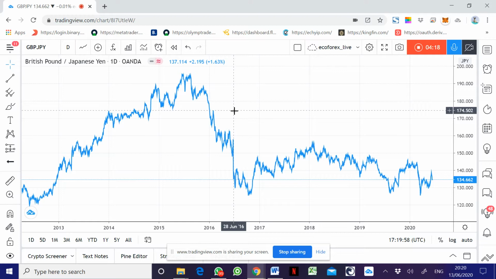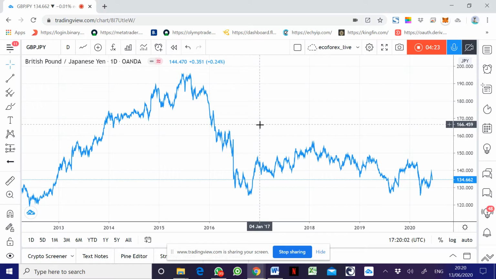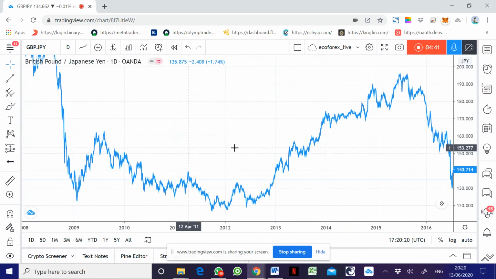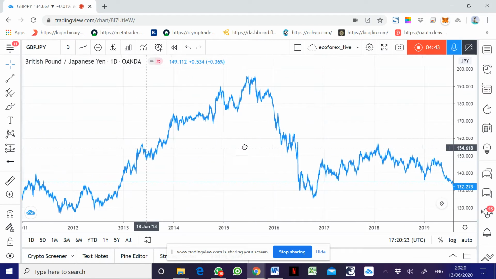If it's not British pound, Japanese yen, it's British pound, US dollar. But now we are looking at British pound, Japanese yen. That's how it is. So now we're starting with support. Nice. Let's look at our support.